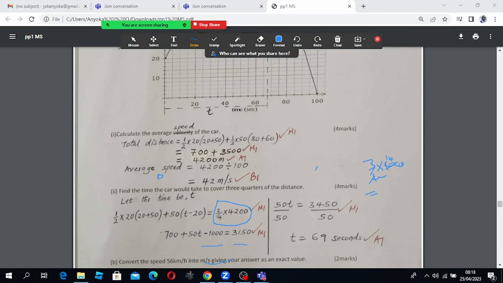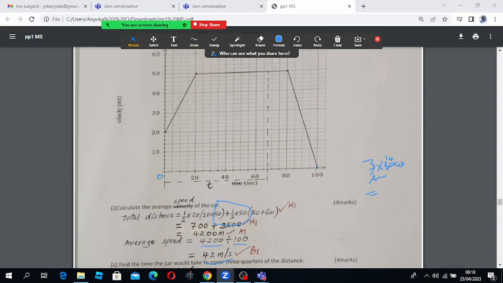Once we have 3/4 of the distance, let's find the time it will take to get there. At what stage will 3/4 of the area lie? Up to this level we have covered a distance of 700.